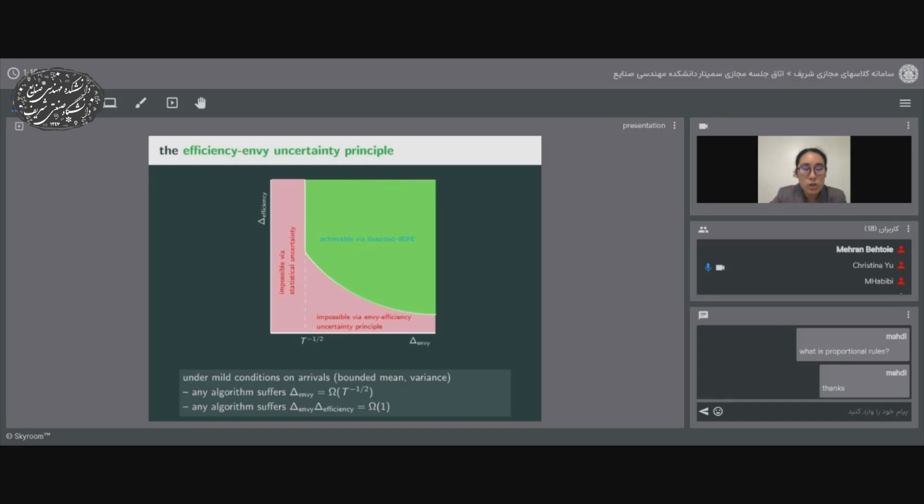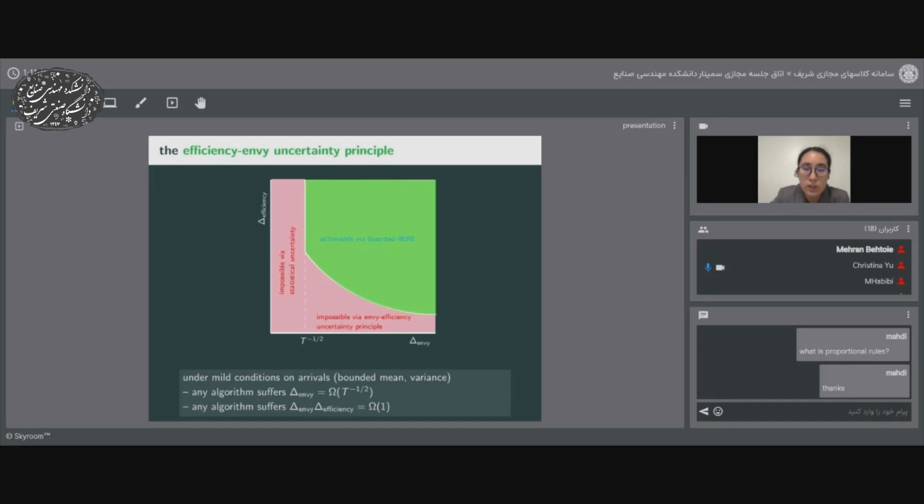And then second, we show a relationship between delta NV and delta efficiency, that any algorithm has to suffer delta NV times delta efficiency that's order 1, meaning that they're inversely proportionally related to each other. And that results in that curve that you see, that drops as 1 over delta NV.